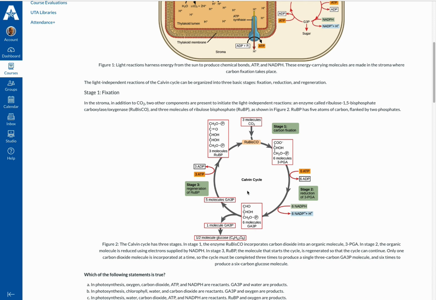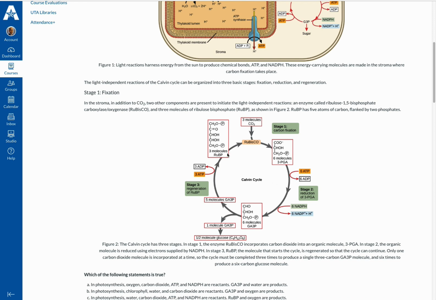So with an initial investment of 3 ribulose bisphosphates and 3 CO2s, we are producing 6 glyceraldehyde 3-phosphates. Now of those 6 glyceraldehyde 3-phosphates, one of them goes on to make glucose, and 5 of them get turned back into ribulose bisphosphate. And that completes the cycle.